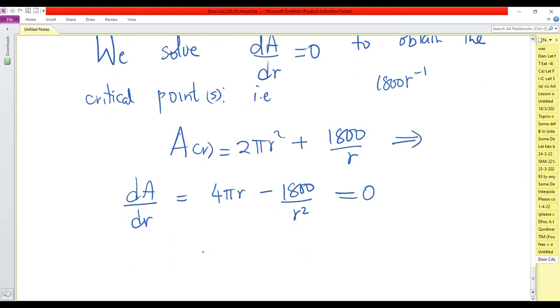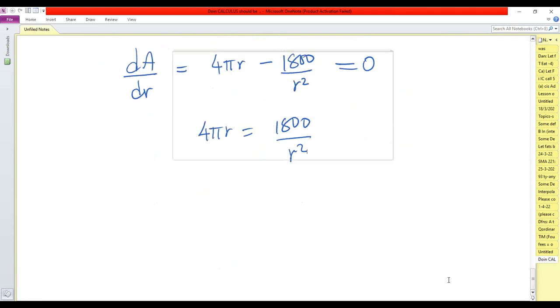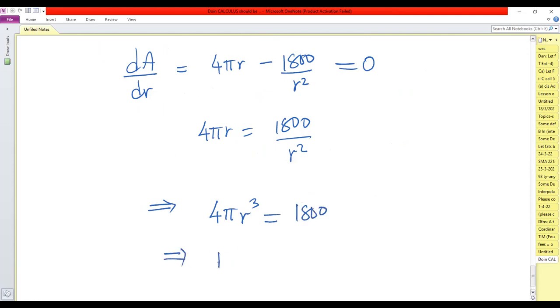So this is the same thing as writing 4 pi R equals 1800 over R squared. And then to get the value of R, we cross multiply both sides by R squared, which means 4 pi R cubed equals 1800, so R cubed alone will be 1800 over 4 pi.